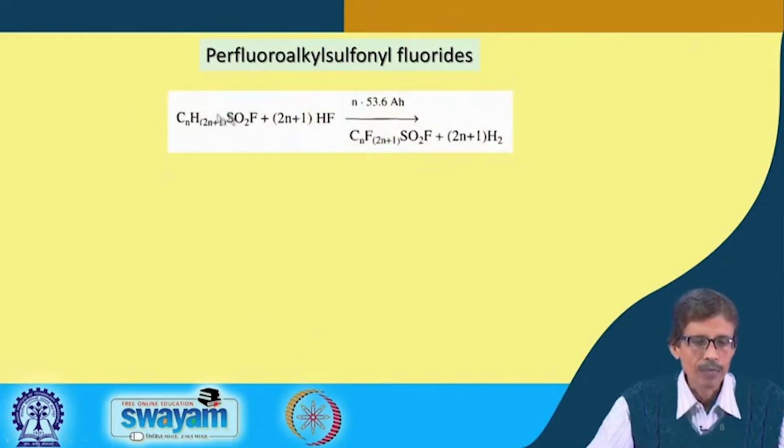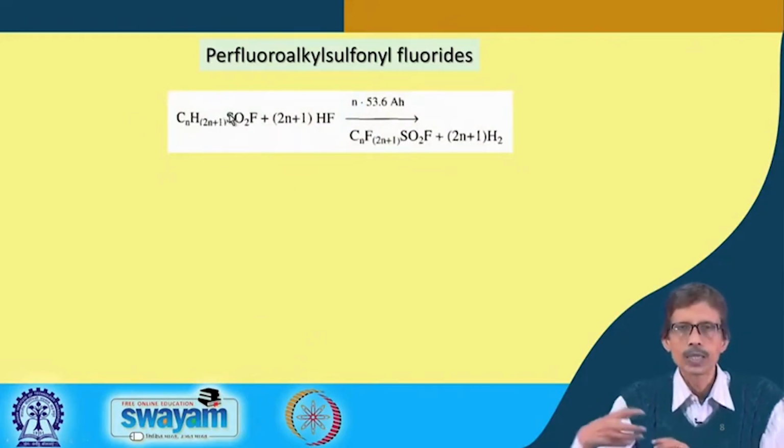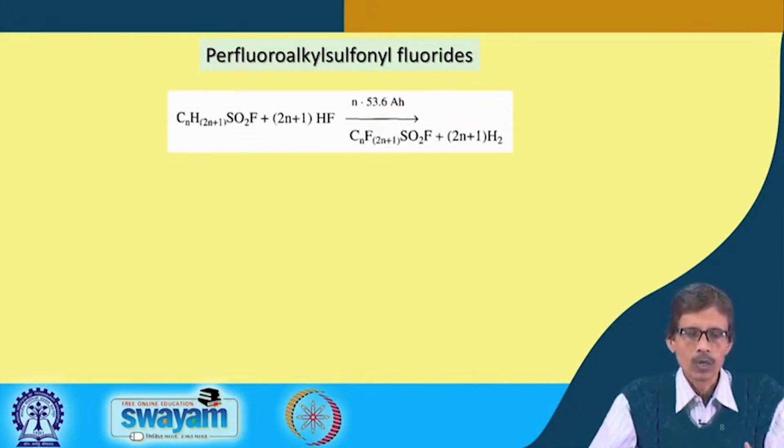So if you have a group like this, and one of these is not your corresponding sulfonyl chloride, it is sulfonyl fluoride. Sulfonyl fluorides are nothing but an organic backbone with the corresponding sulfonyl functional group, which is not SO2H and not SO2Cl, but SO2F.